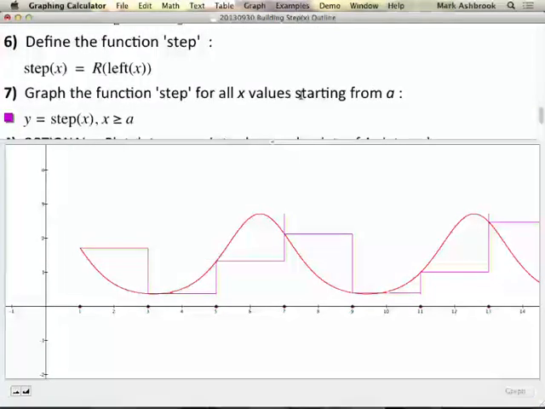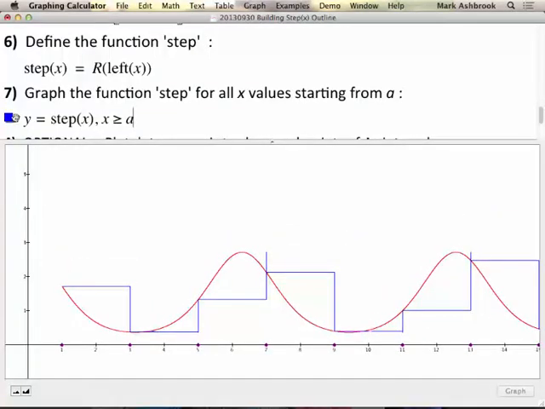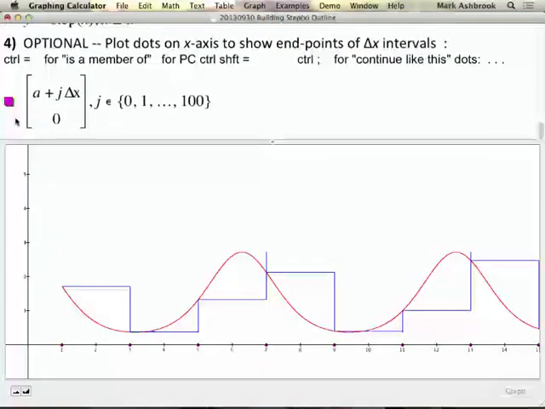And you should have gotten something like that. I'll do blue. Okay, is this what we wanted? Is this what we were envisioning for step when it came out?